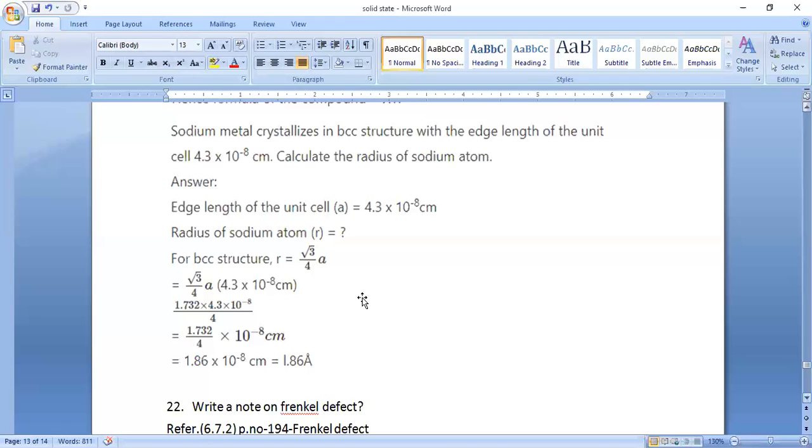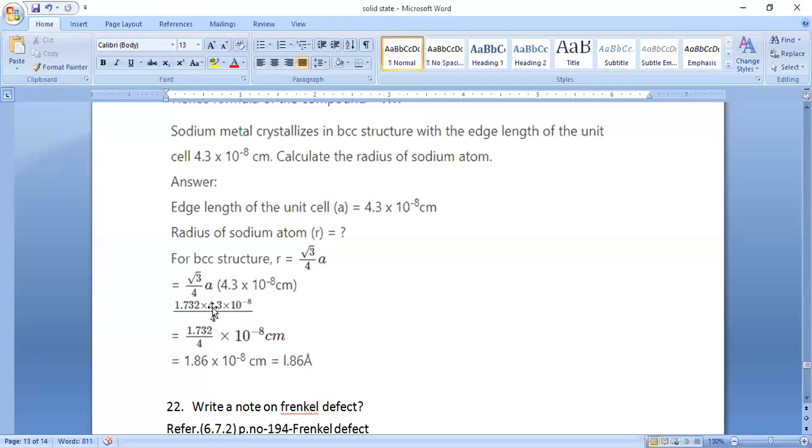So root 3 divided by 4 into A value. The A value only we are going to enter here. So A value is 4.3 into 10 power minus 8 centimeter. So root 3 value is 1.732 into 4.3 into 10 power minus 8 divided by 4.